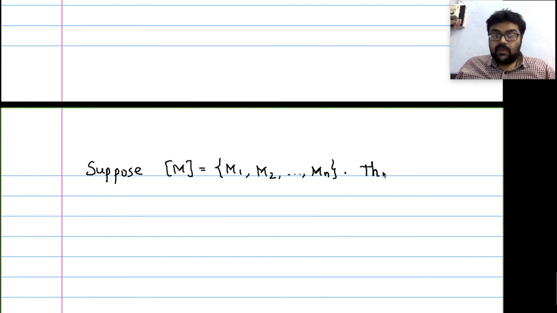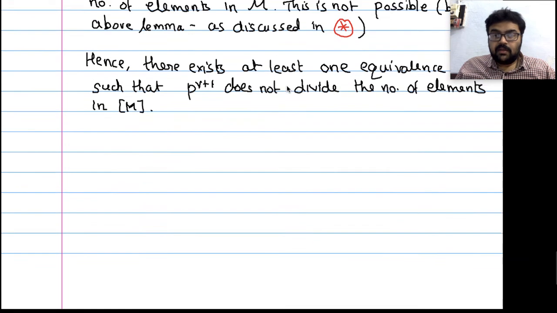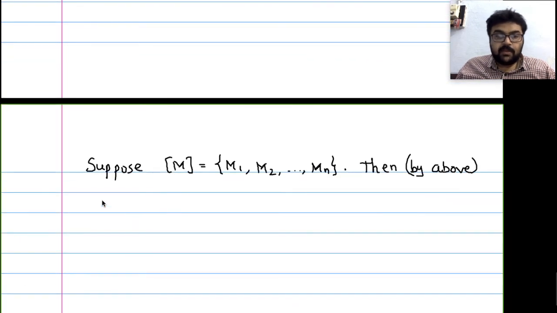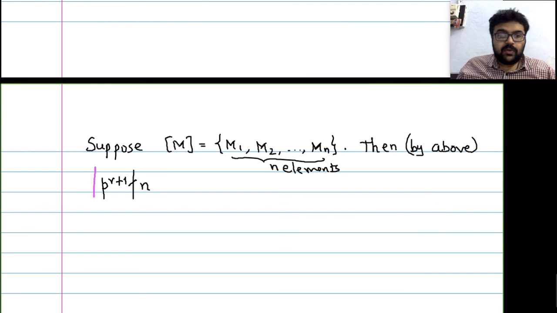Then what we have seen, by the above, p power r plus 1 is not dividing the number of elements in M. Here we have n elements, so p power r plus 1 does not divide n. This is also what we are going to need. And also these are all equivalent. So what is the equivalence relation? M1 is equivalent to M2. M1 is equivalent to M3.